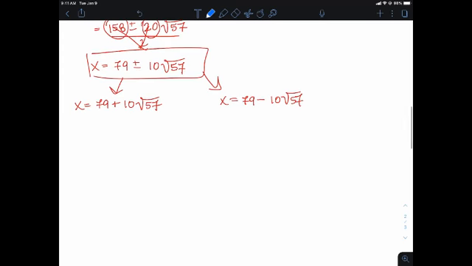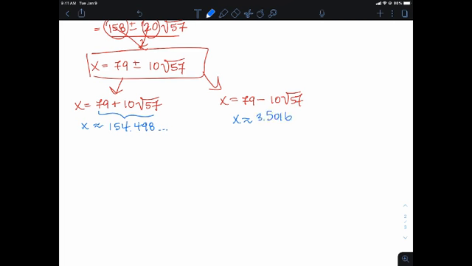So when I change this into a number value, I get x approximately, and I should use my approximate arrows because it's approximate, 154.498, and so on. And here, x is approximately 3.5016.